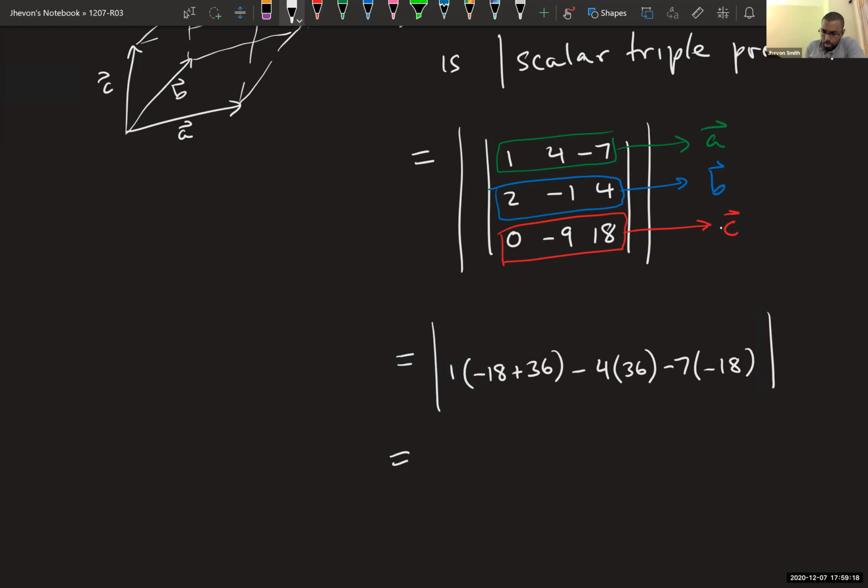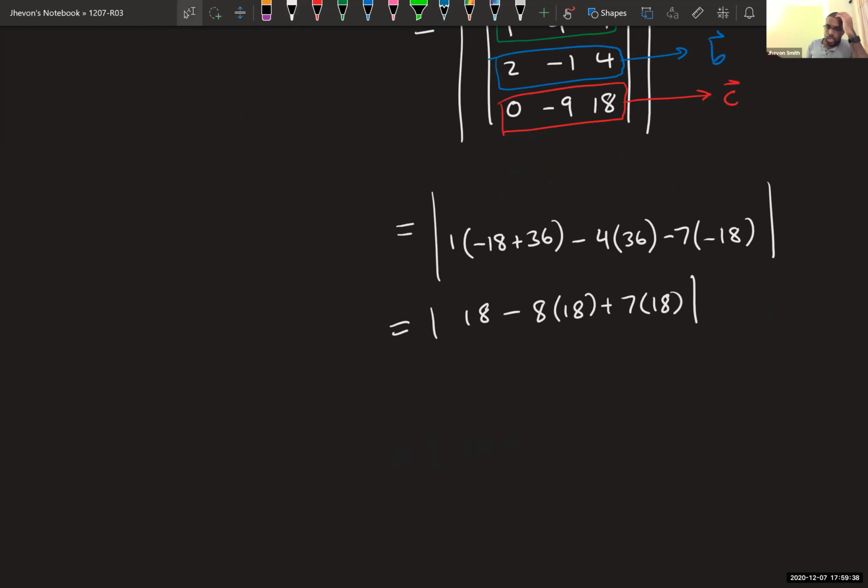So what we pretty much have here is, okay, 36 minus 18 is just 18. 36 is 2 times 18, so this here is actually 8 times 18, plus 7 times 18. So I have 1 times 18 minus 8 times 18 plus 7 times 18. That's 0 times 18. So it's actually 0.